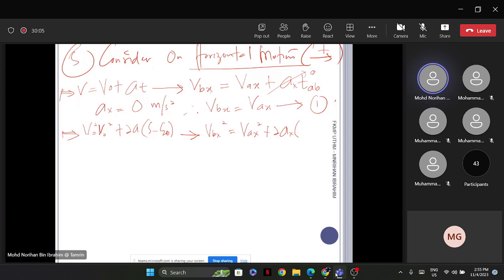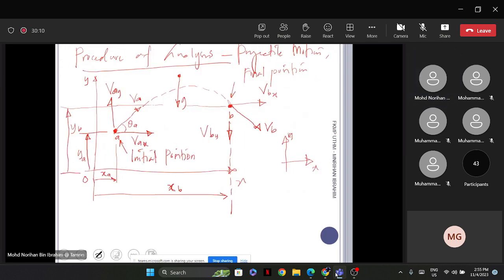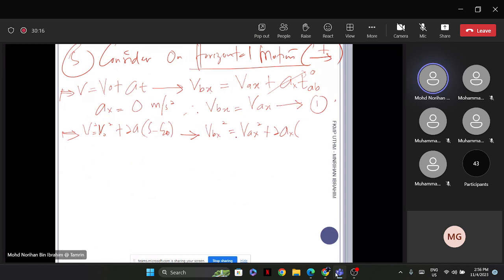In the x direction, we have xb minus xa.